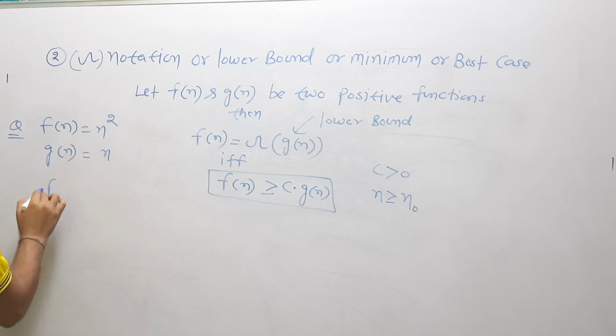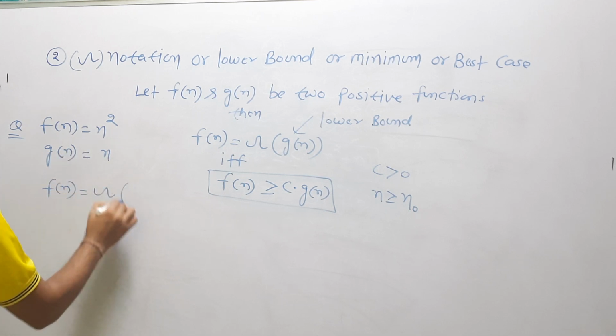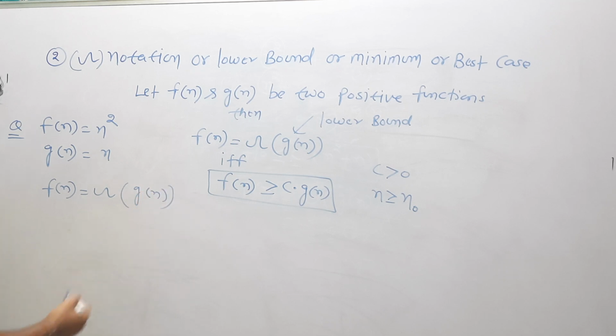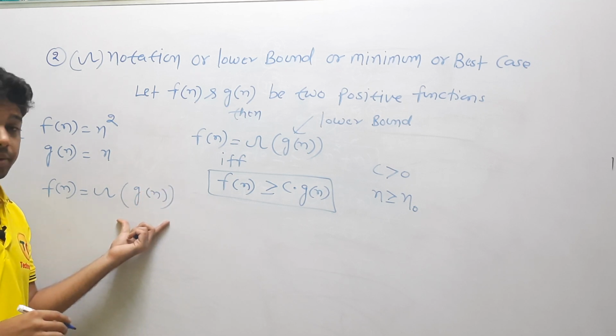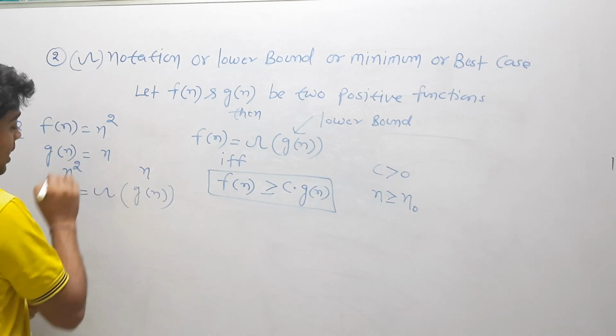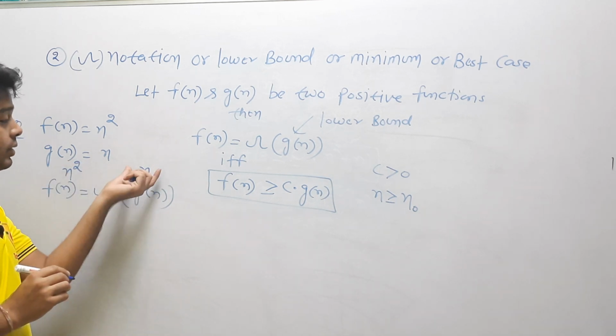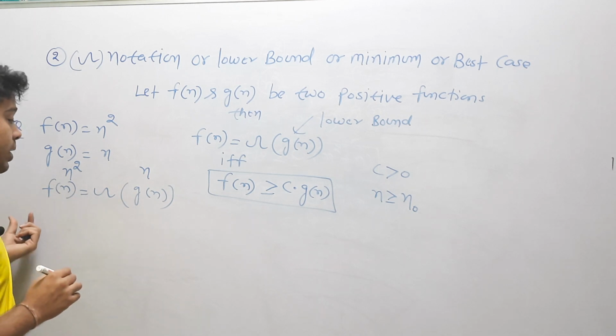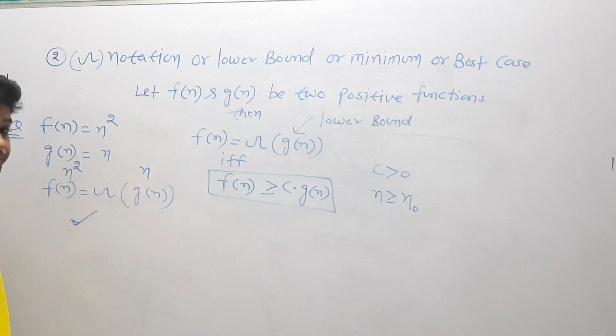So we can say Fn is omega of Gn. Omega means this function must be a lower bound. The growth rate of n, a linear function, is smaller than n square. So yes, we can write this one.